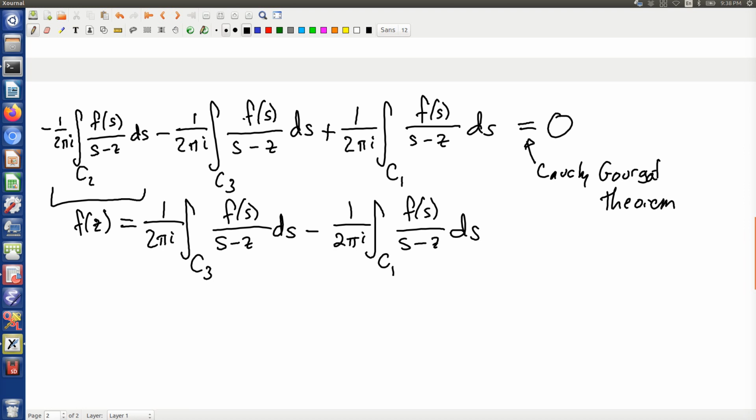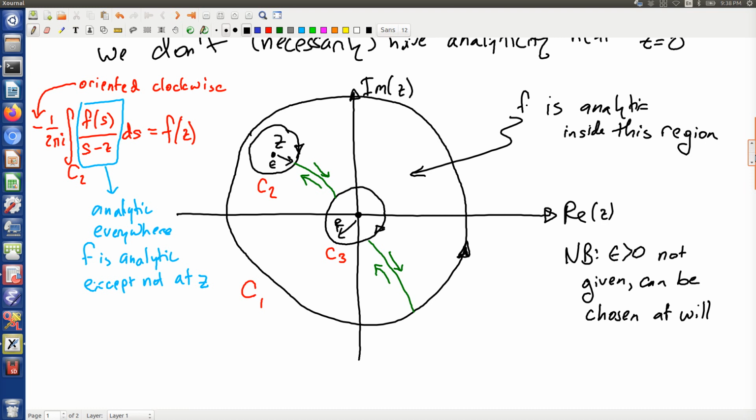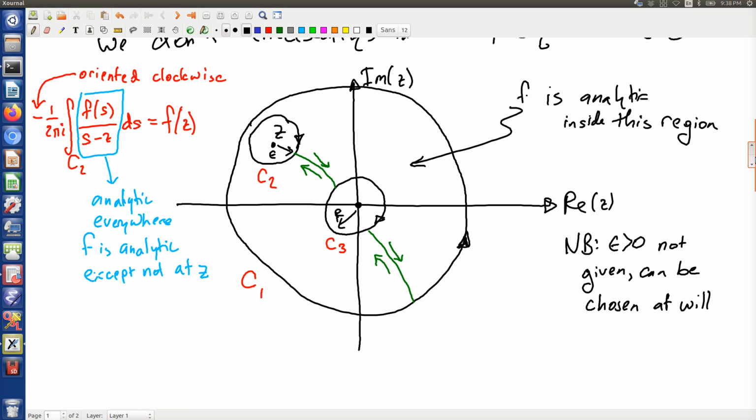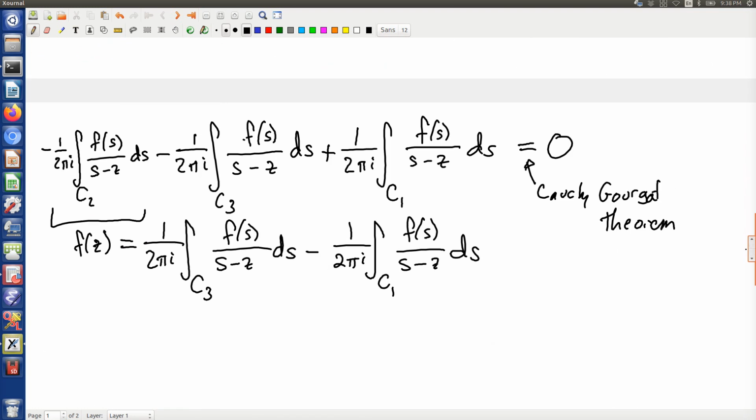Now we have to figure out what these guys are, and here are some observations. Due to the geometry of this problem, when I'm on the C1 integral, you will notice that s is somewhere on C1, anywhere on C1 I like, and notice it's farther away from the origin than z is. So strictly when we're on C1, s is greater than z in magnitude.